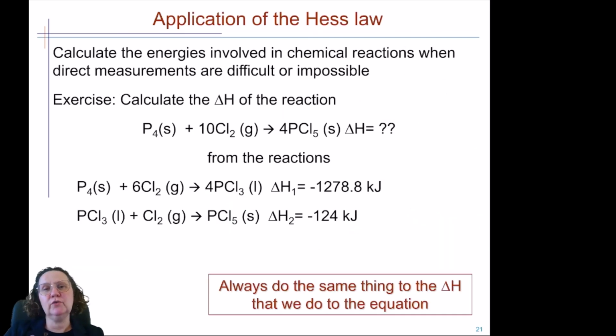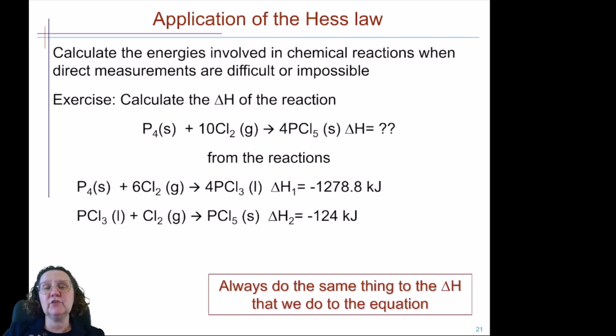Hess's law is quite a useful law because it can save a lot of time and effort. You can calculate the change of enthalpy for any reaction if you know of other reactions that will give you those reagents and those products in those states.